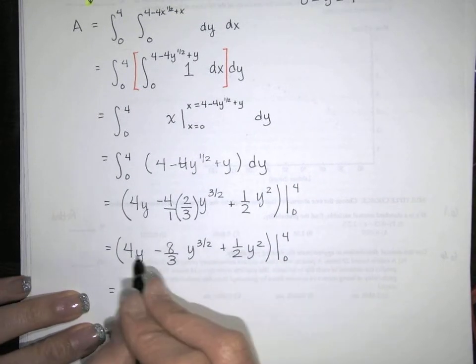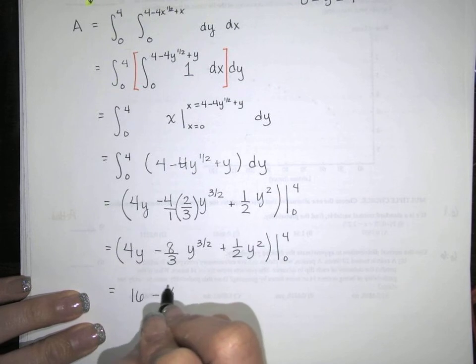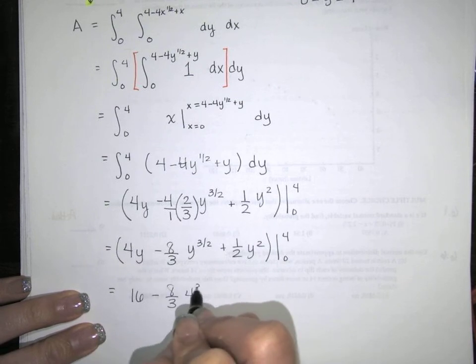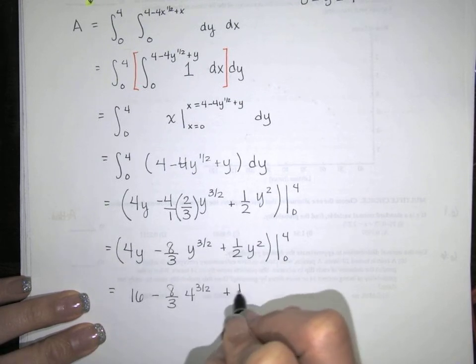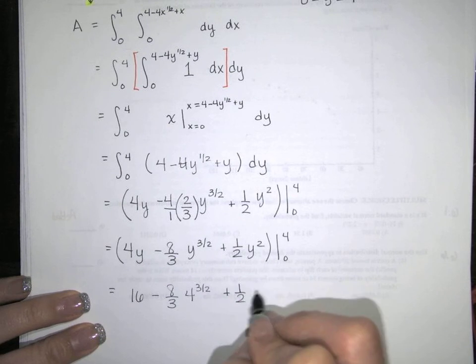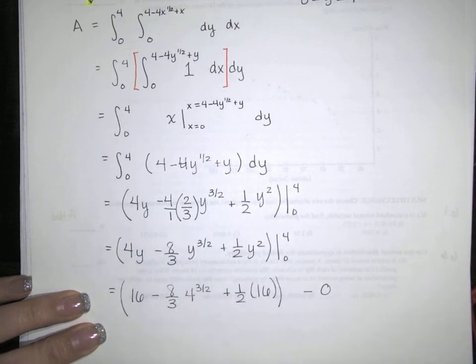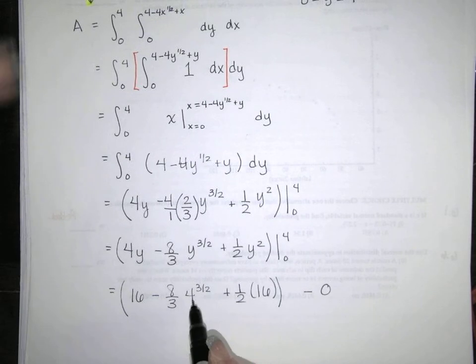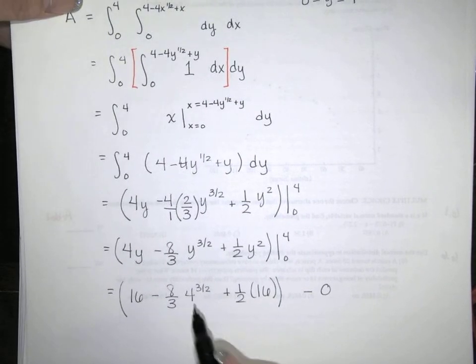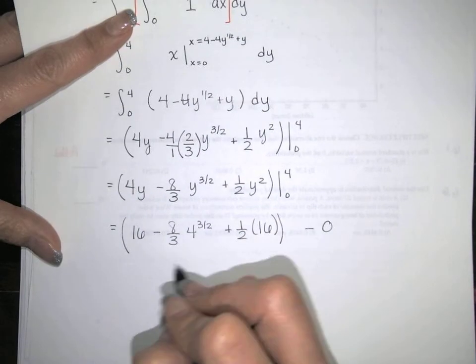And we get 4 times 4 is 16 minus 8/3 of 4 to the 3/2 plus 1/2 of 4 squared, so half of 16. That's all evaluated at 4 minus 0. Now, 4 to the 3/2 is the square root of 4 cubed.